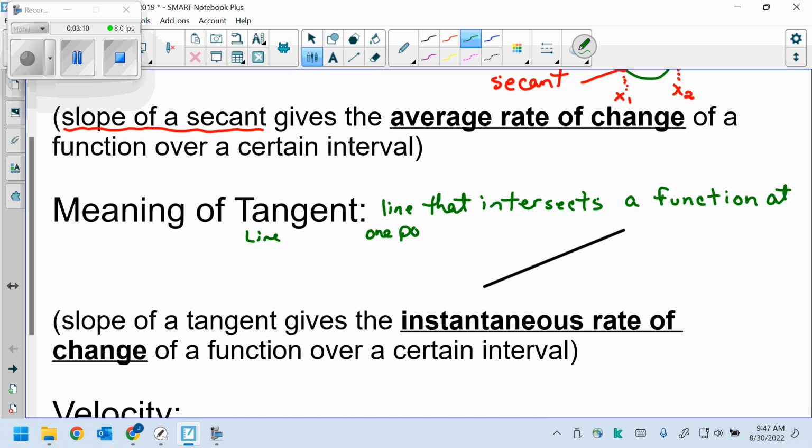And again, you probably recognize this term more from trigonometry than you do from anything else. And I've got this line sitting here. I think you do in your notes as well.